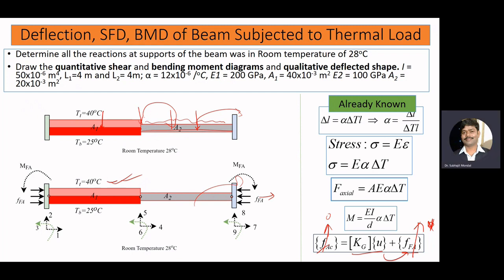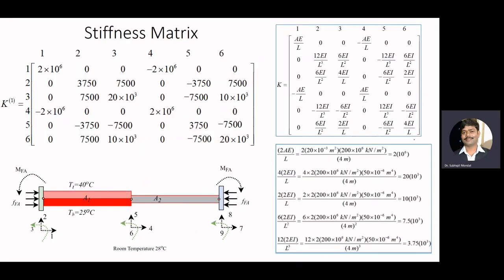Now we are going to solve this problem considering a frame element. If you consider a frame element, that means the size of the stiffness matrix for the frame element will be 6 by 6. So here you see that the first column corresponds to the axial degree of freedom.